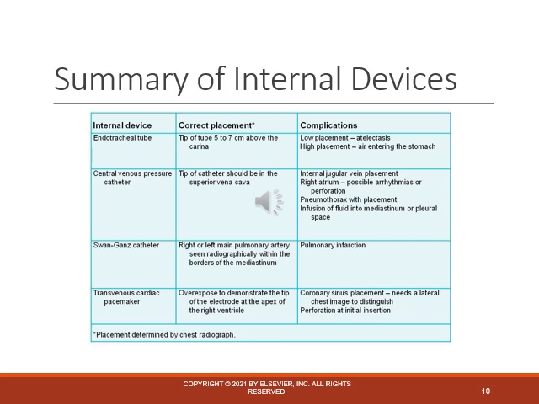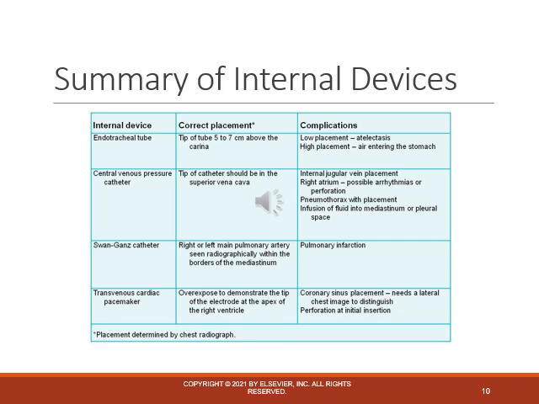There's also a transvenous cardiac pacemaker, which is introduced into the heart through the venous system, and it's a pacemaker which would then control the rhythm and electrical system of the heart.